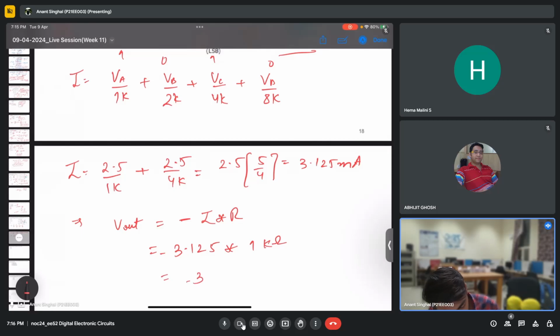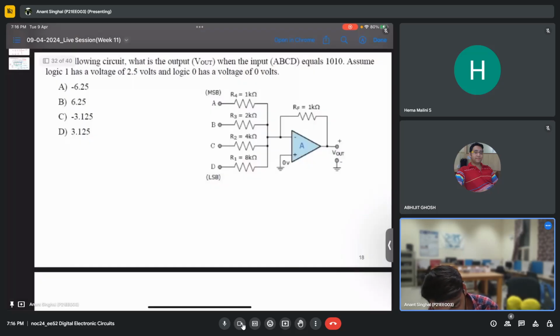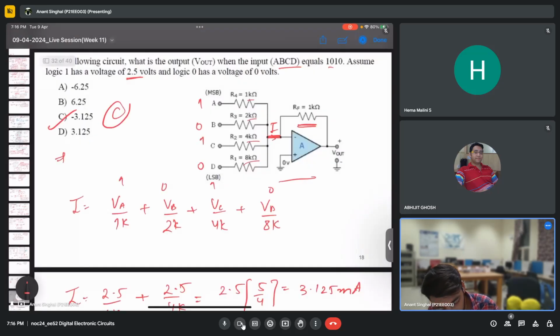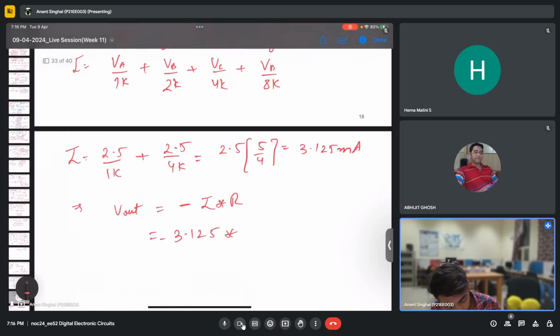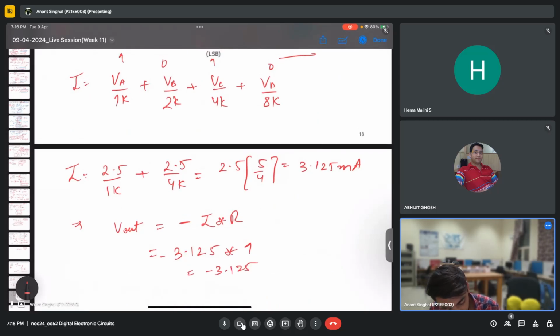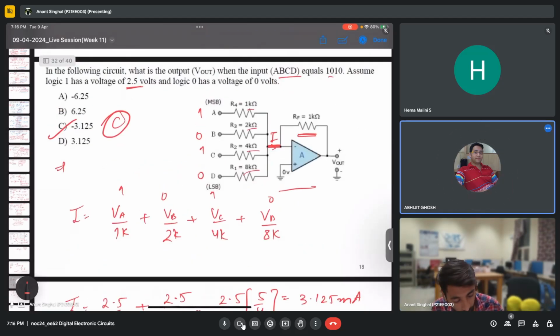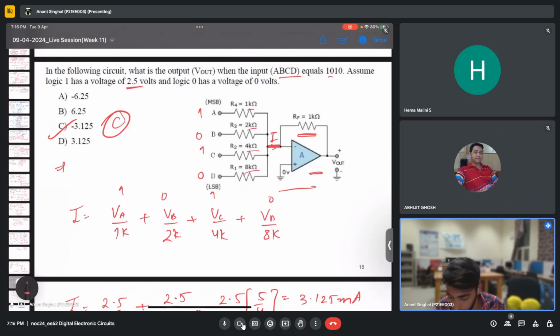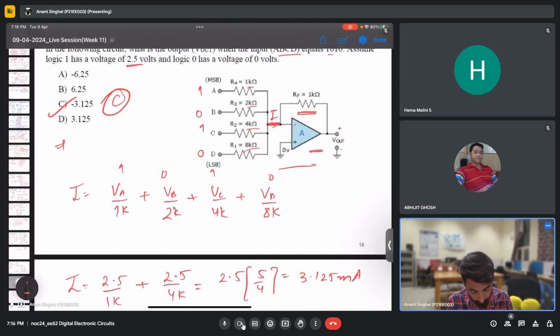The answer will be minus 3.125 volts, which is option C. I hope it is clear. Since we have an inverting op-amp, that is why there is an additional negative sign, so option D will not be the correct answer.